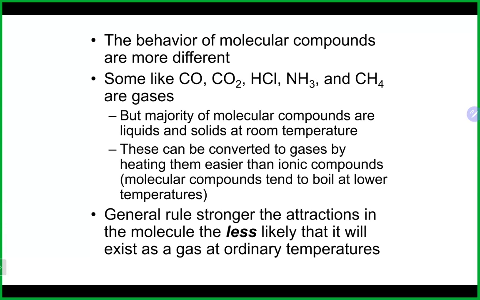These are all gases at room temperature, but a lot of molecular compounds are actually liquids and solids at room temperature. The main difference is a molecular compound can be converted into the gas phase a lot easier than, say, an ionic compound.